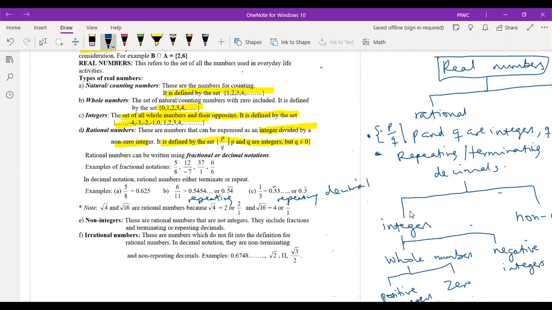So to round up, I want to stress the fact that if you have a rational number like this, root of 3 divided by 2, right? Dividing by 2, you get an irrational number. So an irrational number divided by any number, you get an irrational number. So that's one point you should also take note of, right?